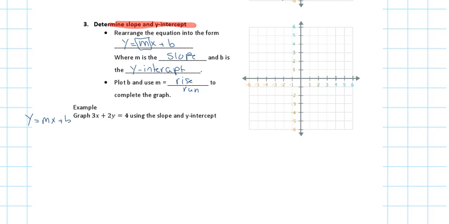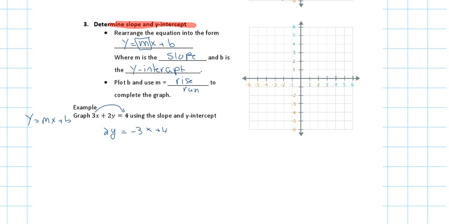So the first thing you want to do, you want to bring the 3x over and use the opposite operation. So that's going to be negative 3x plus 4. Does that make sense? We're isolating for the y. Okay, so we're bringing the 3x over, it's a plus 3x, by bringing it over it becomes negative 3x.